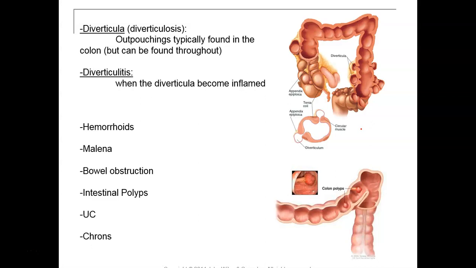When that pressure becomes significant because someone's constipated, that can cause the veins themselves to engorge, and now we have hemorrhoids. If you have a bleeding hemorrhoid, it produces frank red blood, bright red blood. It looks just like what you would think, like when you cut your finger.